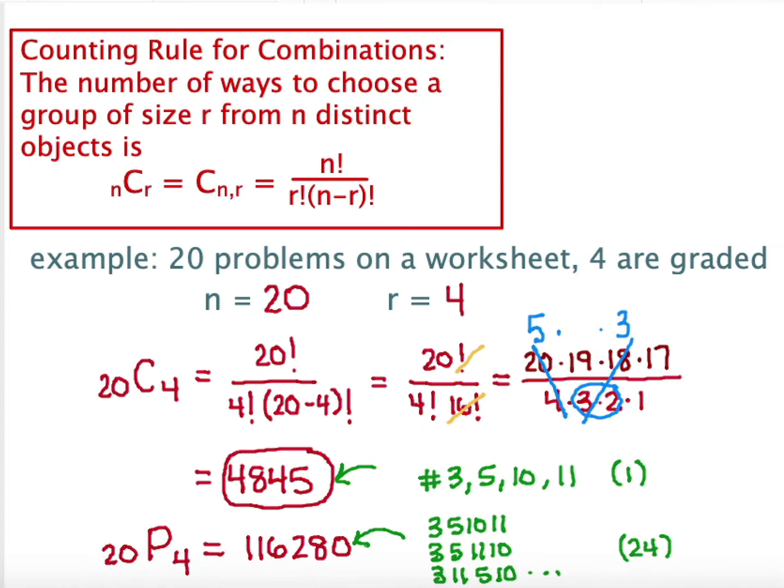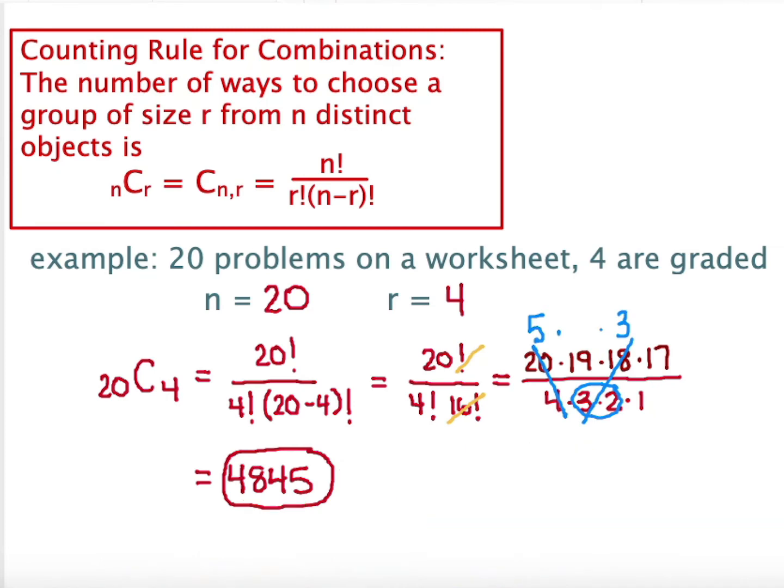So those same 4 problems are going to count 24 times in a permutation situation because we're talking about arrangements of those. So if we're just talking groupings, that number can be expected to be much smaller because we don't care about the order, so we're not counting as many of them.